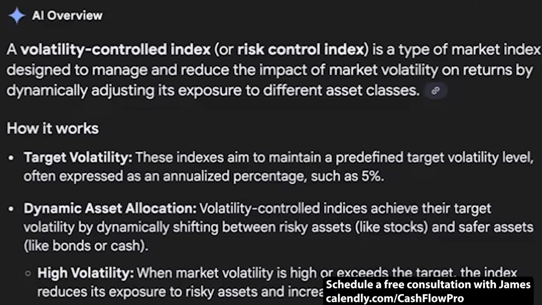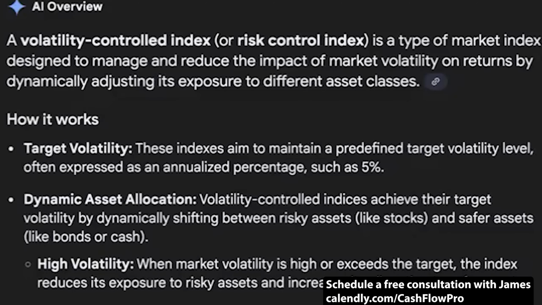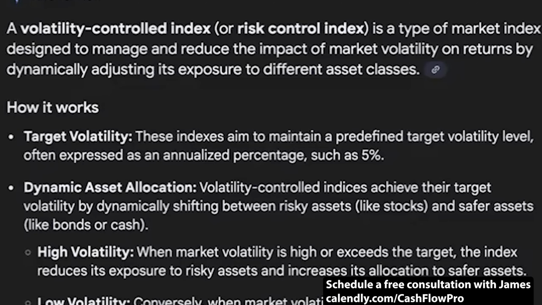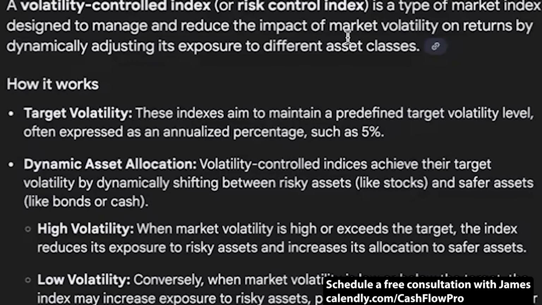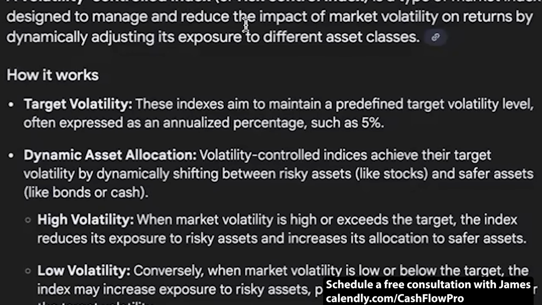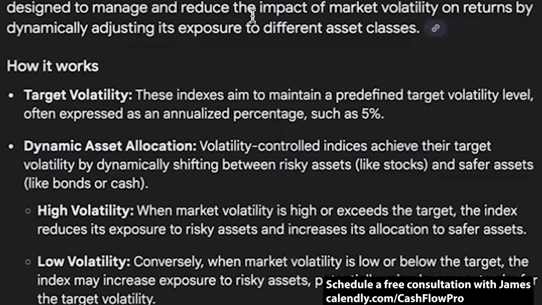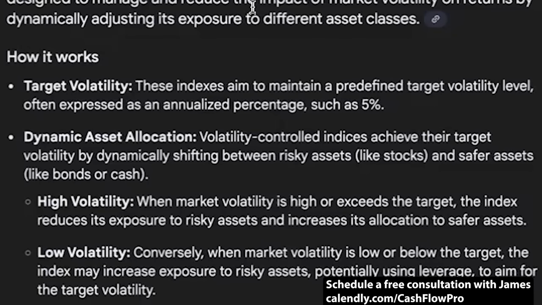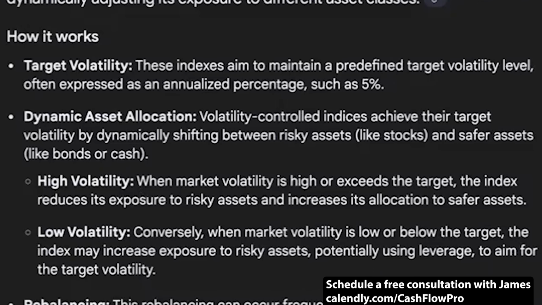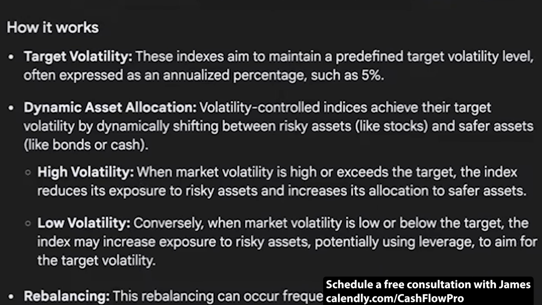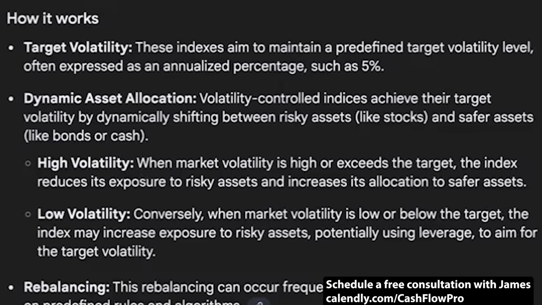Okay, so a volatility index or a volatility controlled index is, as we can see here with this AI overview when you do a quick Google search, a market index designed to manage and reduce the impact of market volatility. Now, it does this by shifting exposure. You can read through this if you like, but essentially, different volatility control indexes will do different things. Some of them will shift between equities and cash.